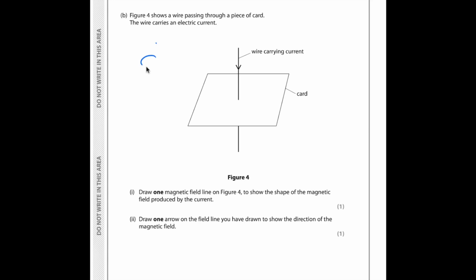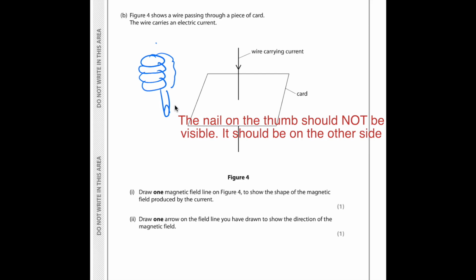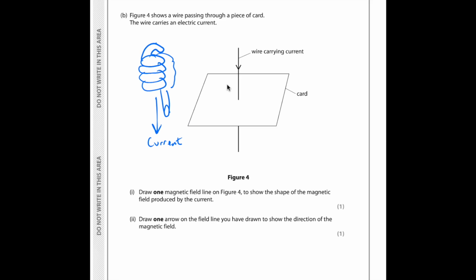So if you draw your fingers like that, and your thumb coming down here, the way the thumb points is which way the current's going, and the way that the fingers are curled round would show you which way the magnetic field's going.